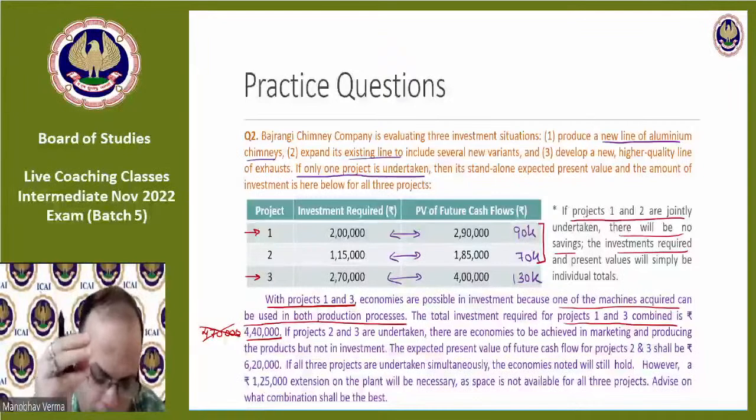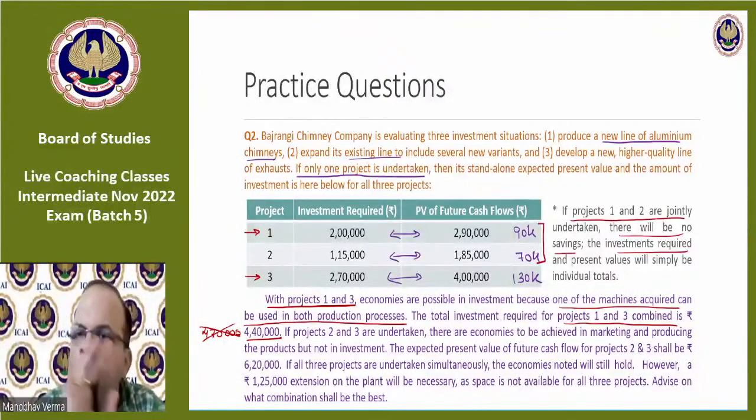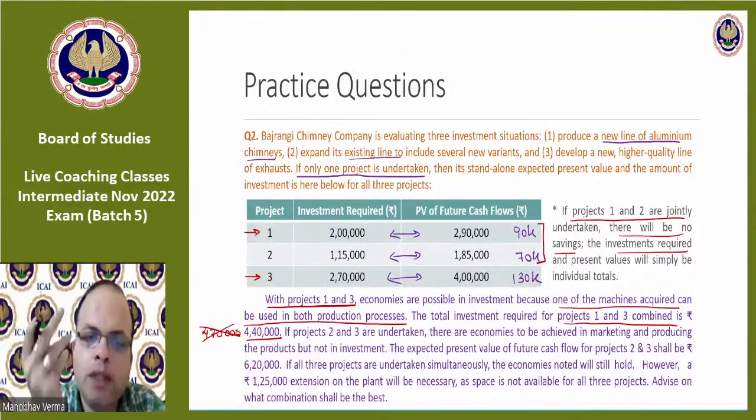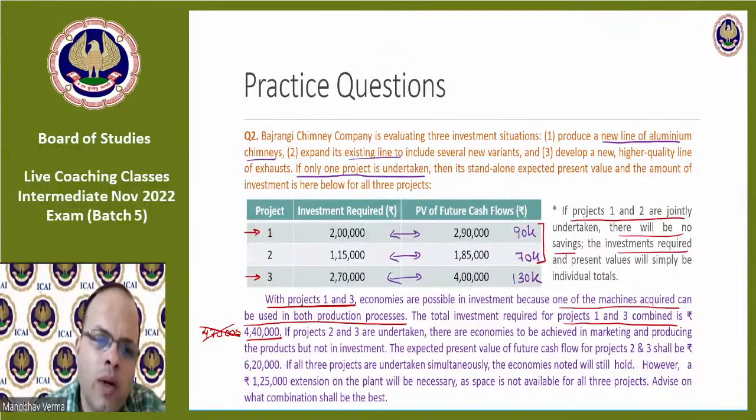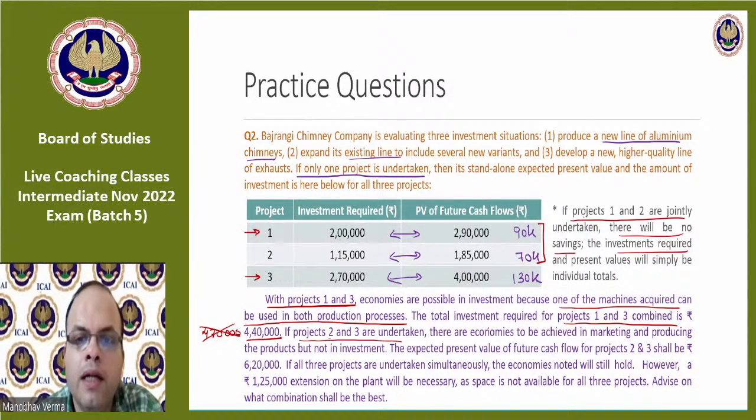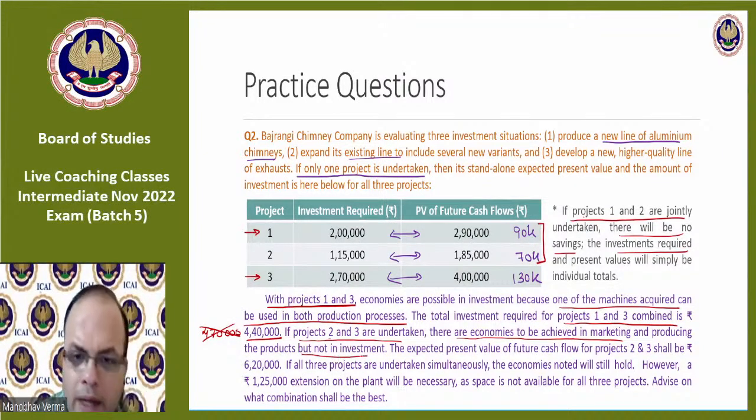So let us see the combinations. Projects 1 and 2, no savings. Projects 1 and 3, there are savings in the investment. Let us look at the other combination. Projects 2 and 3, there are economies to be achieved in marketing, that is in expenses and in cost, but not in the investment.